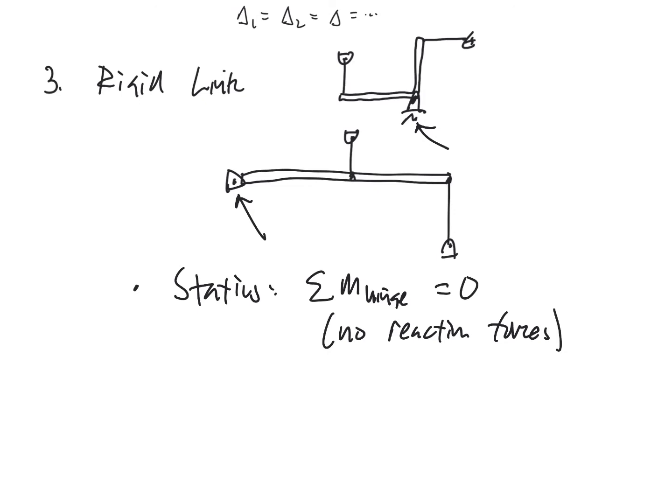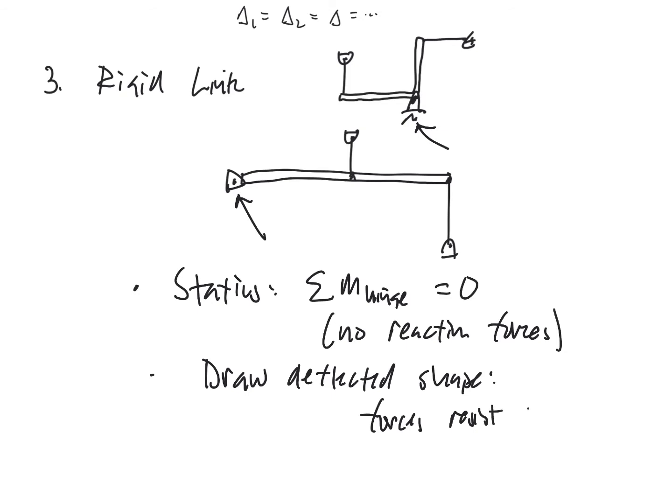The second key is draw the deflected shape, and the forces resist the movement. In other words, if I draw the deflected shape and it moves like this, then the axial bar forces are going to go that way, against the motion.